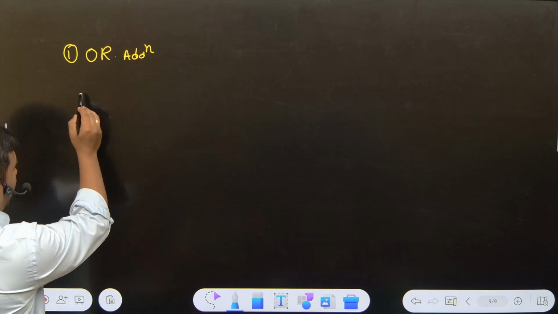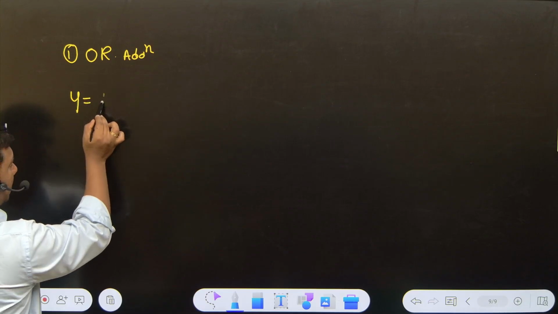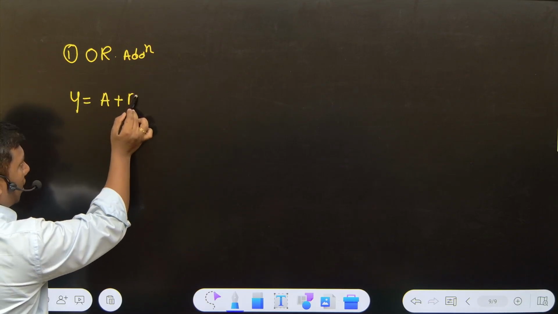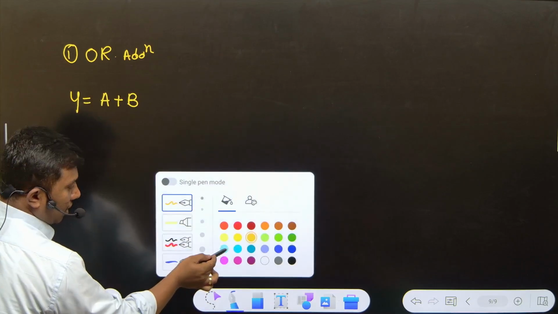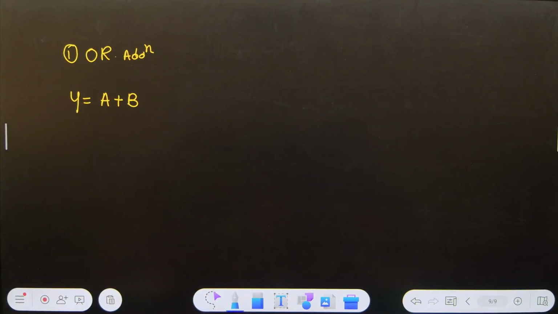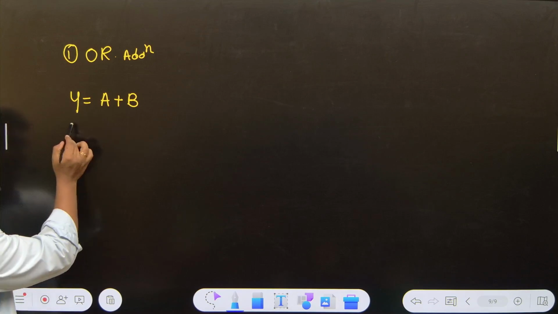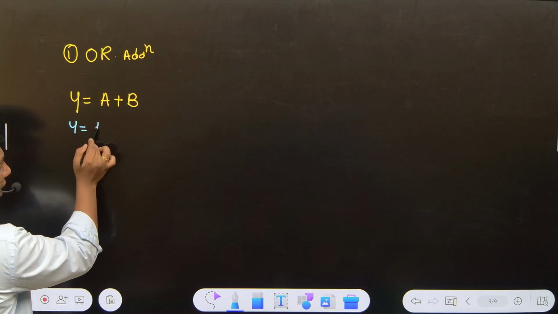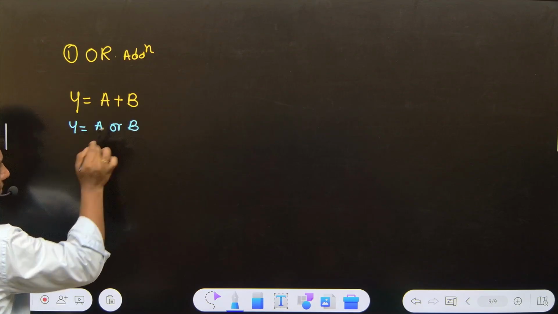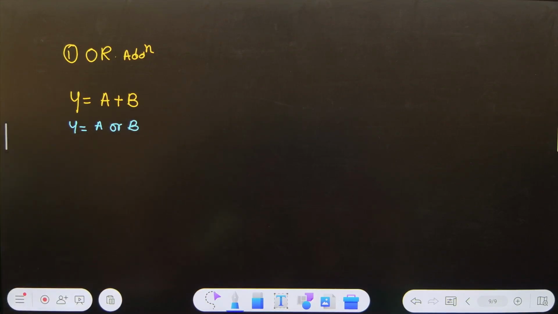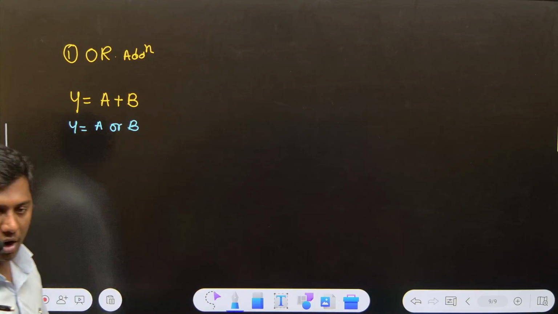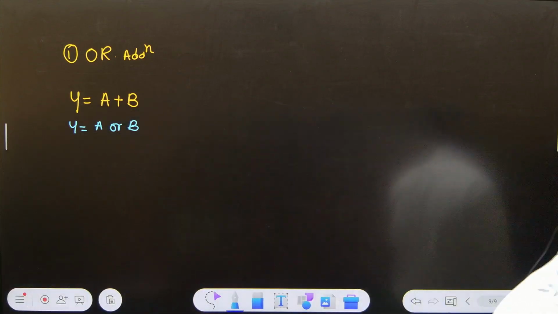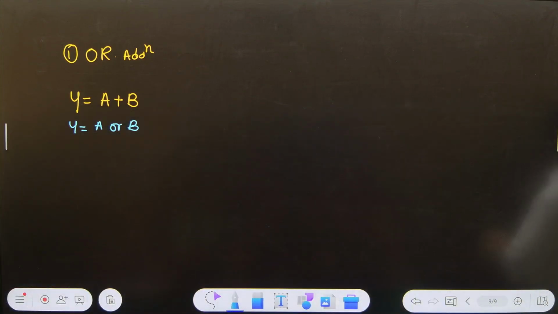OR addition means Y is written as A or B. How is it said? Y is the output. Which are the inputs? A and B. And it is read as output is A or B. It is read as Y is equal to A or B, which means either A or B, any one of the inputs is maximum, then the output will be maximum.